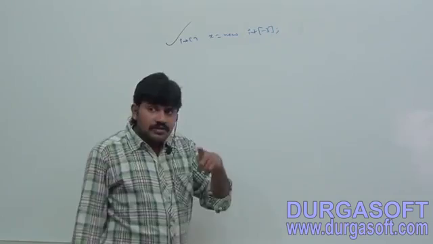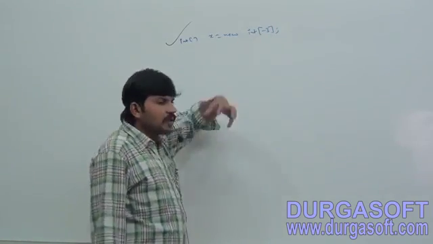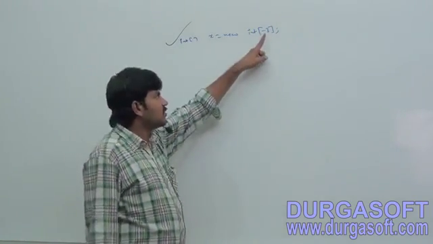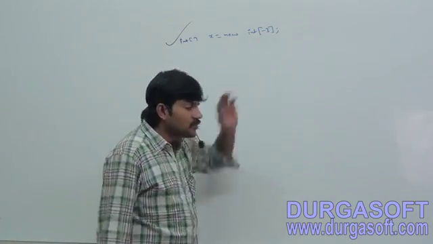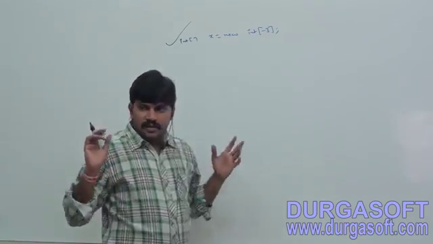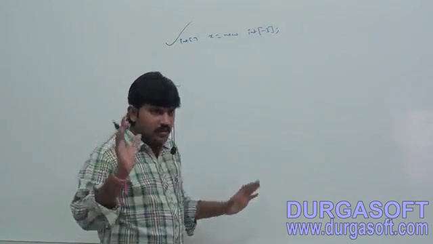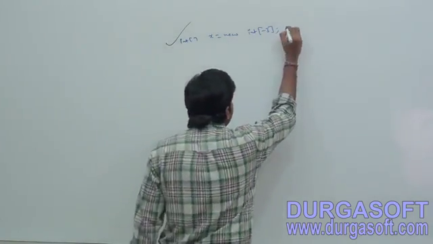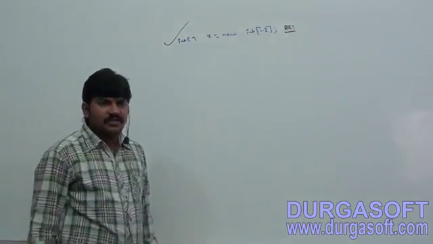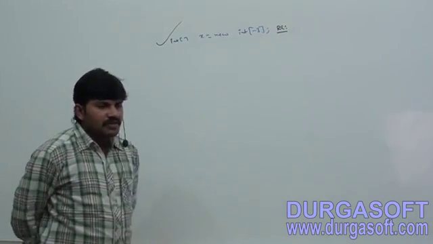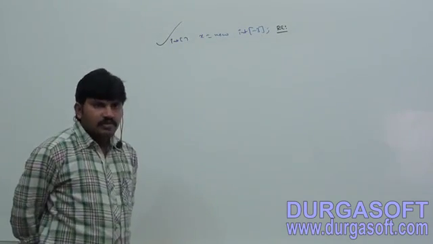At runtime, the JVM reserves the memory based on this size. Whenever the JVM sees this negative size, it immediately raises a runtime exception. What is that runtime exception? What mistake are we making? We are specifying a negative array size.